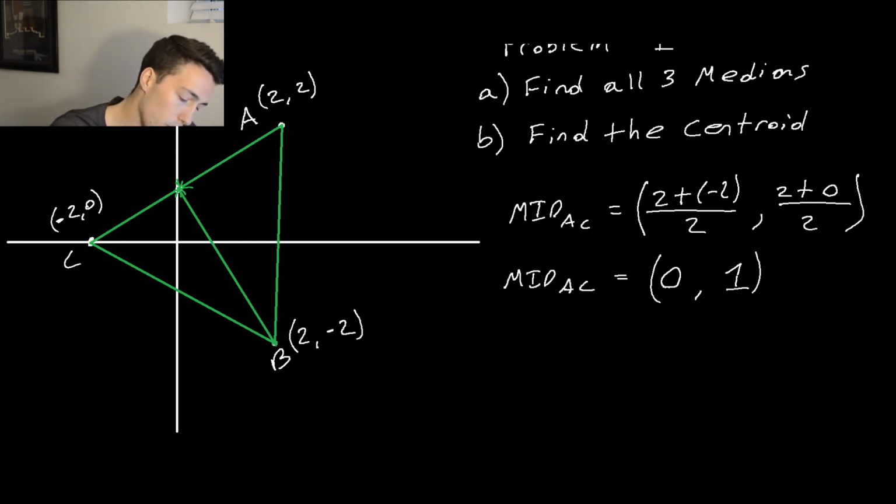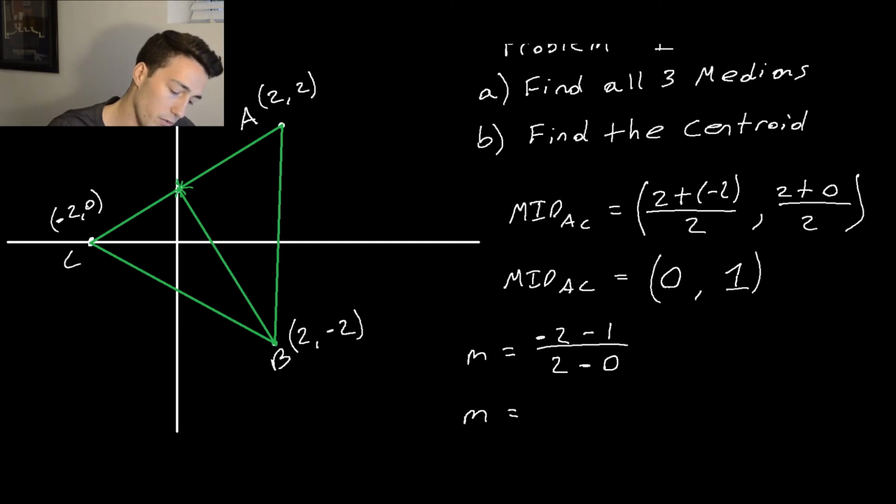The slope, from the midpoint of AC to B, is going to be B's y value of negative 2, minus our midpoint's y value of 1, divided by B's x value of 2 minus our midpoint's x value of 0. So our slope is negative 2 minus 1, that's negative 3, divided by 2, so negative 3 over 2.